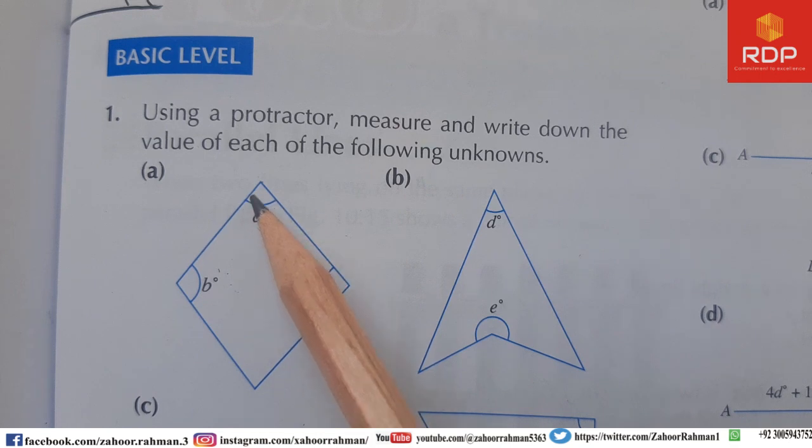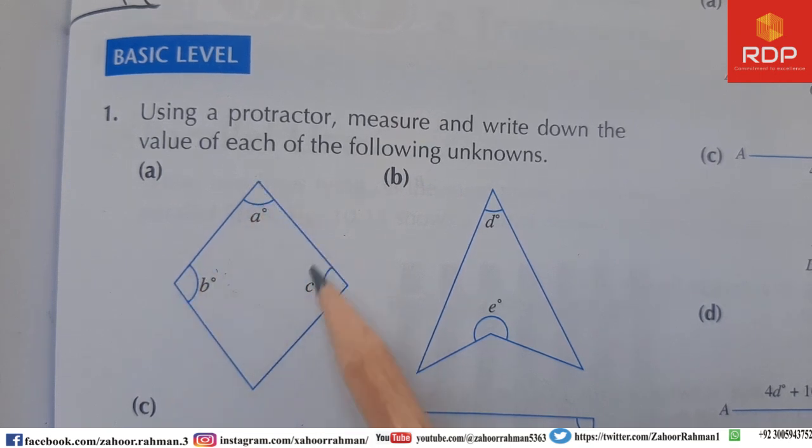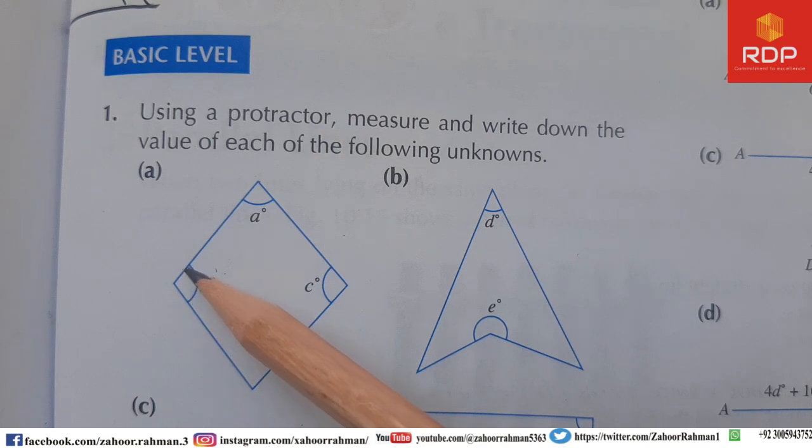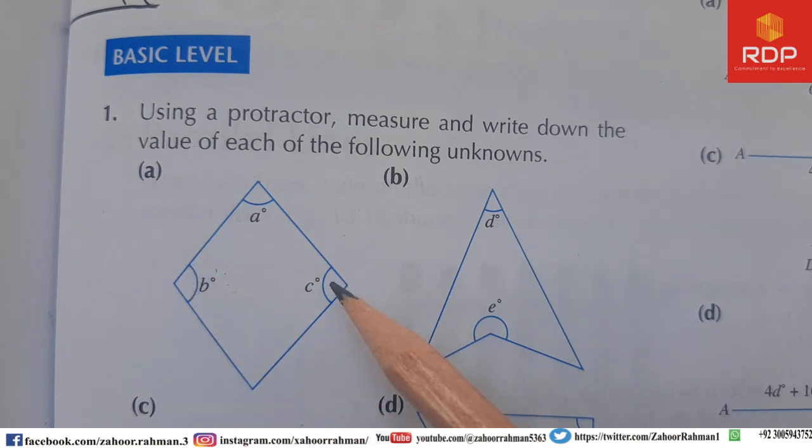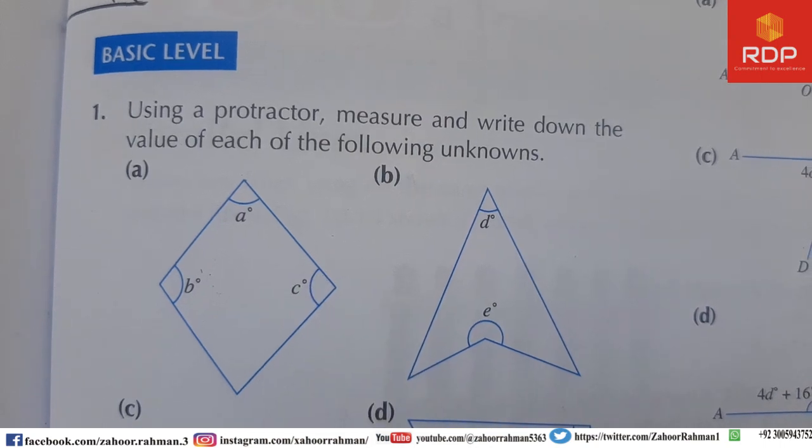Here in this case, this is an angle, and you can guess that this angle is an acute angle, and this is an obtuse angle, and similarly this is also an obtuse angle.